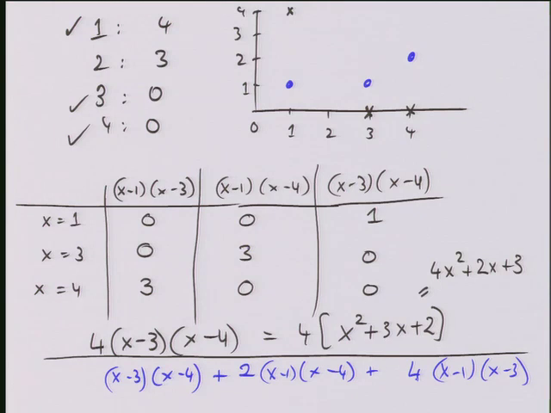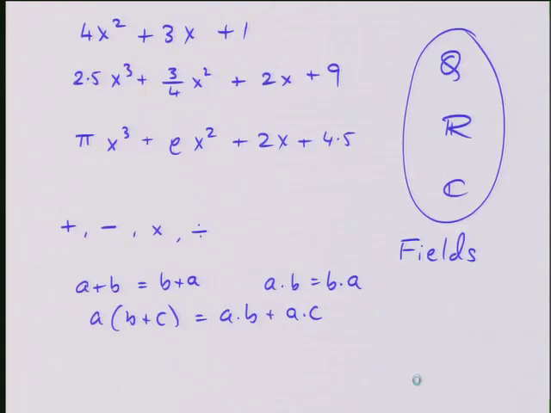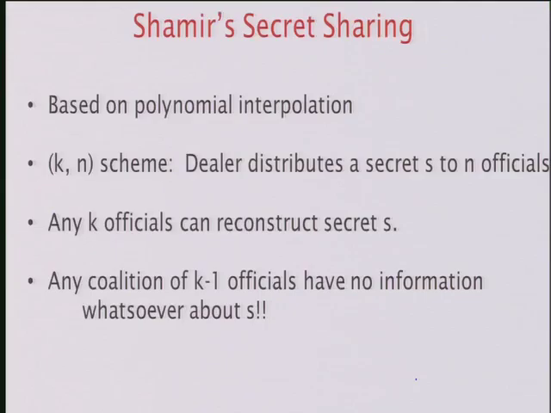But the second reason is we haven't yet addressed the issue of this secret sharing scheme being really secure. What it means for it to be secure is this: any coalition of k-1 officials have no information whatsoever about what the secret was.